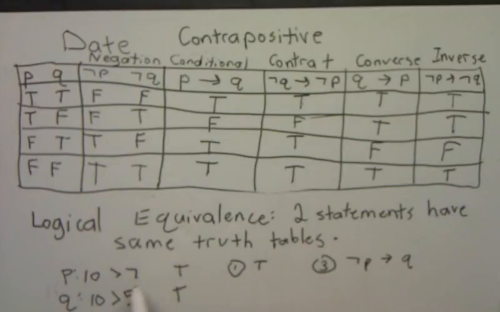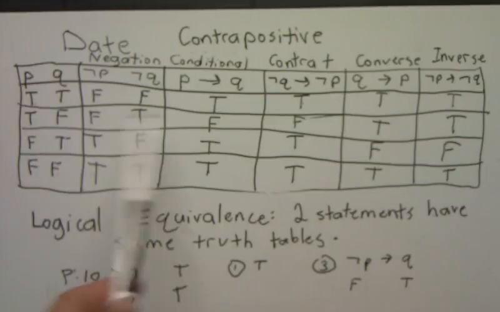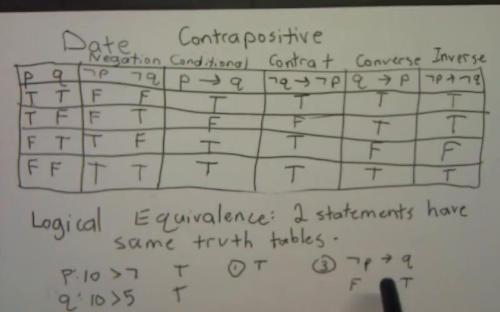If not P, if 10 is not greater than 7, that would be false, right? Then Q. Q is true. What would that be? If false, then true. So this is still a true statement. I know that's not one that was on our chart.